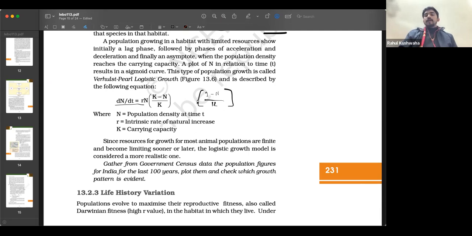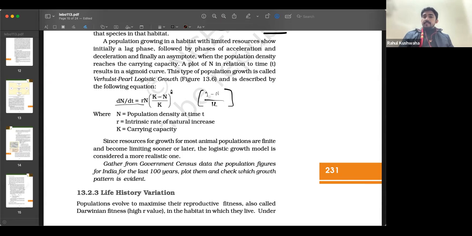Now, how does this make sense? Let's say 1 is the maximum population, which in this case is K. K, I told you, is the carrying capacity. This is the maximum a population can go to in the real world.